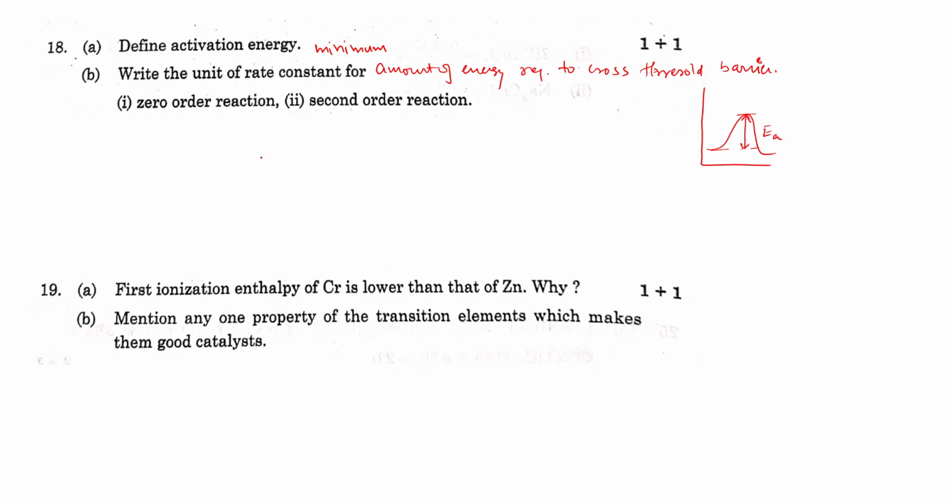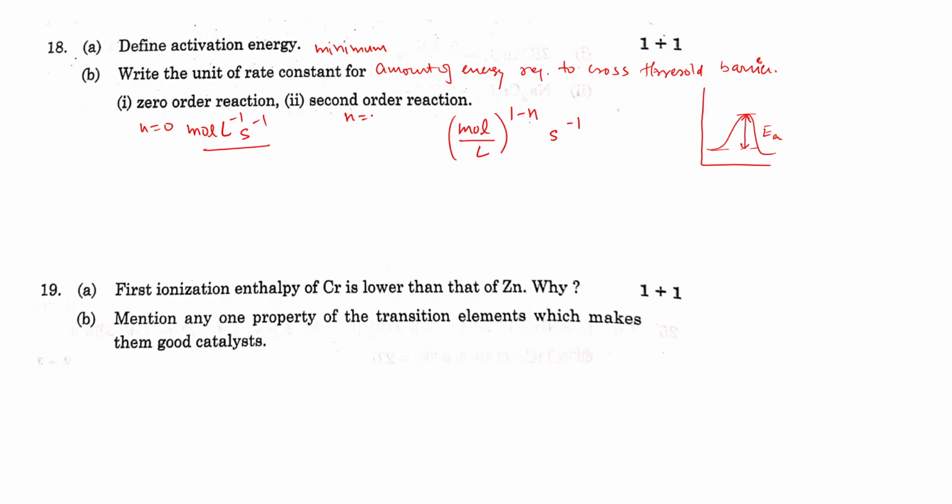Second part, write the unit of rate constant for zero order reaction and second order reaction. The general representation that we have for the rate constant unit is (mole per liter) to the power 1 minus n, per second. For zero order reaction, n is 0, so 1 minus 0 becomes 1, and we get mole per liter per second.